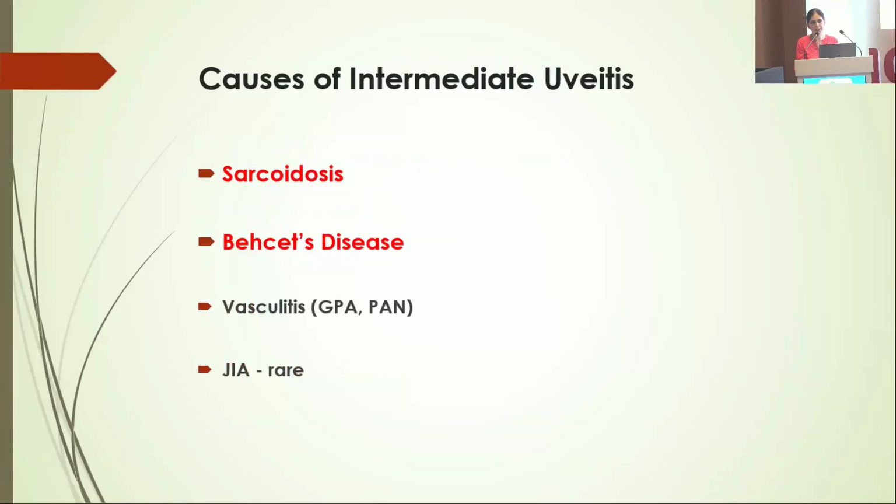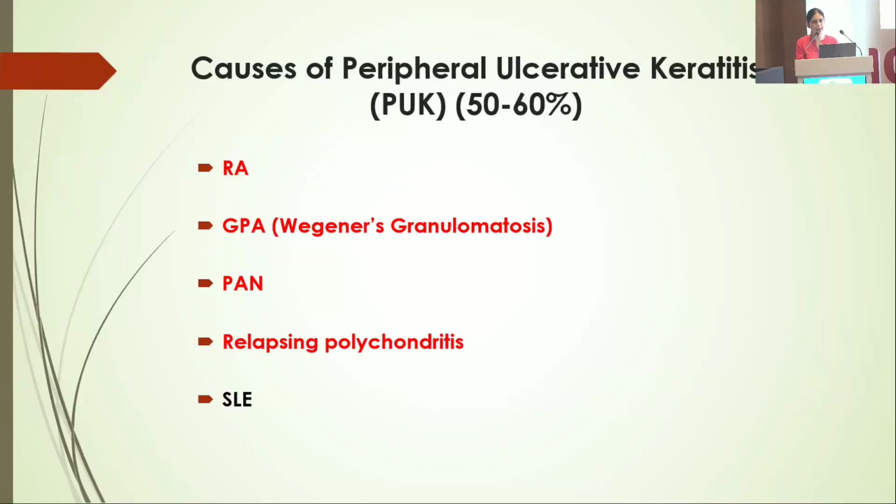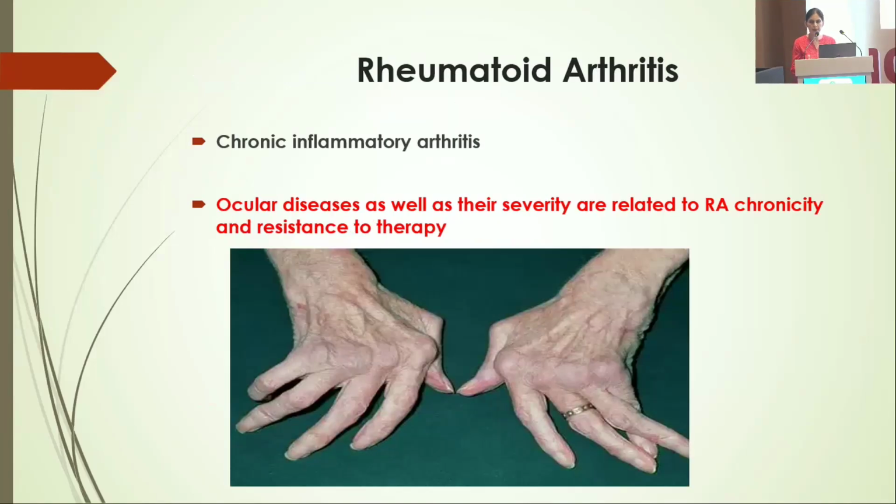If we talk of intermediate, pan and posterior uveitis, Behçet's and sarcoidosis are the common causes. If we talk of PUK, the common rheumatological causes are rheumatoid, again GPA, and relapsing polychondritis. So now we'll be talking of a few common rheumatological diseases and their common ocular findings.